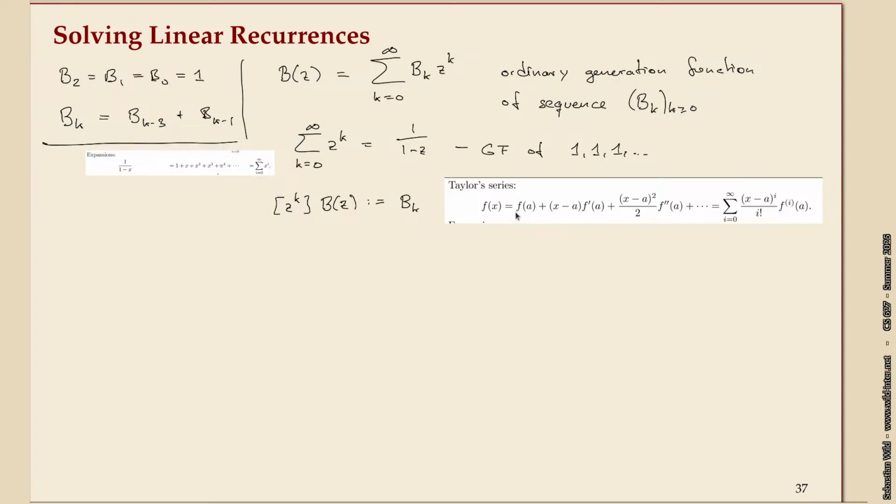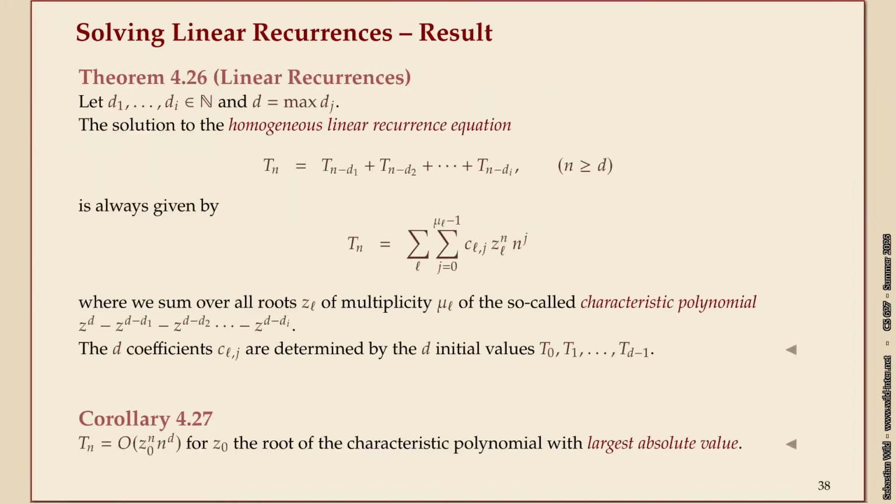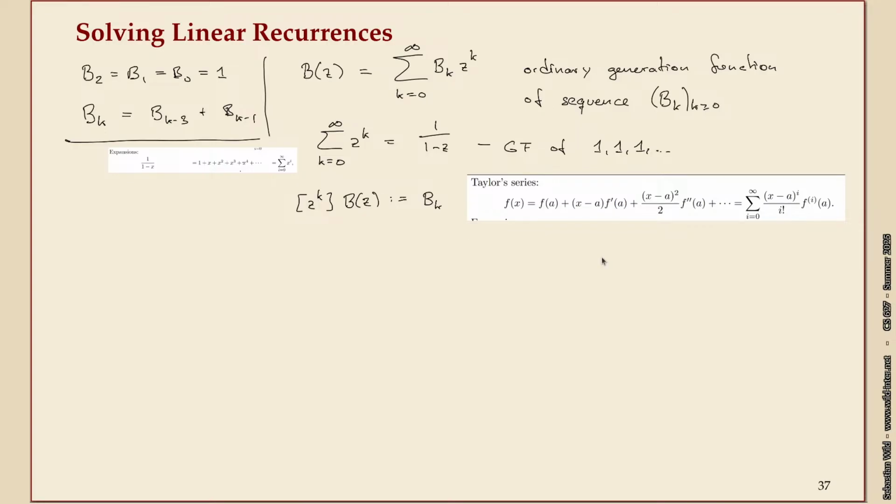So oftentimes, Taylor series are used in the sense of giving some function which may be complicated. Can you approximate it locally by a polynomial? It's in general an infinite sum, but you can stop at any point, and then you get a polynomial that optimally approximates that function close to a certain point.